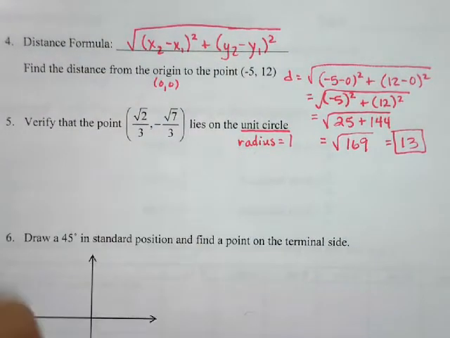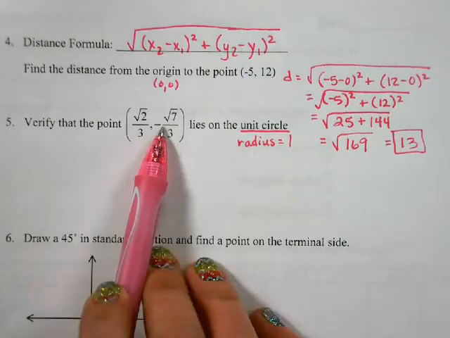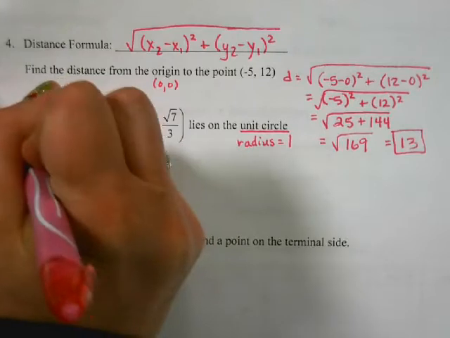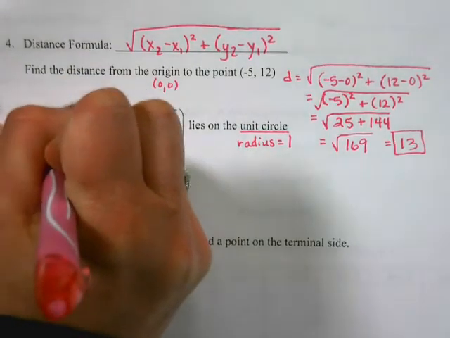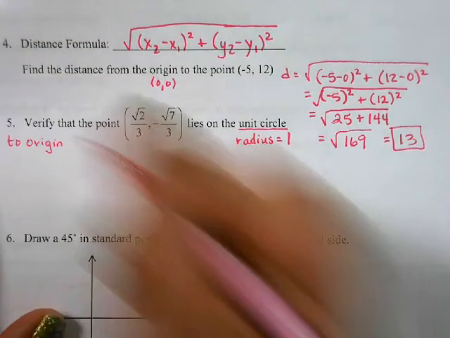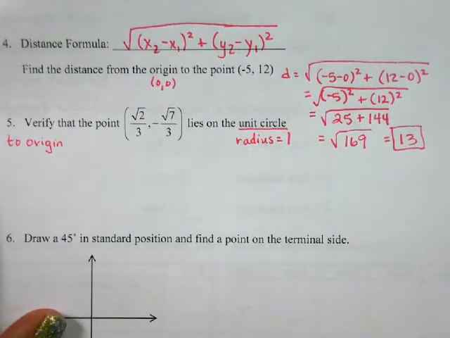So if it says verify that it's on the unit circle, we've got to take the distance from this point to the origin and see if it equals 1.